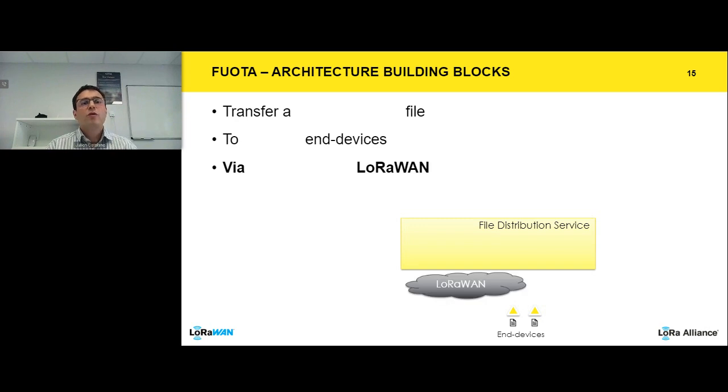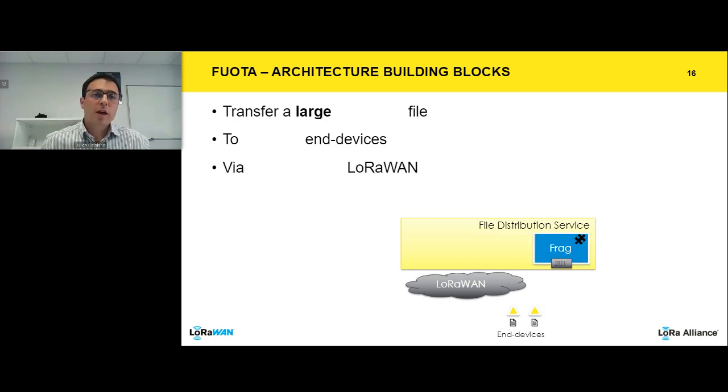But we want to transfer a large file. In order to transfer a large file, as you might know, LoRaWAN payload sizes are limited to a few hundreds of bytes. So if we want to send a large file, we need to fragment it. The first building block we have is the fragmentation specification, which I call frag here.